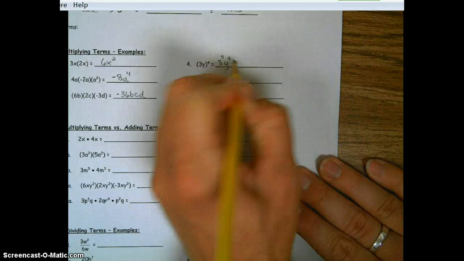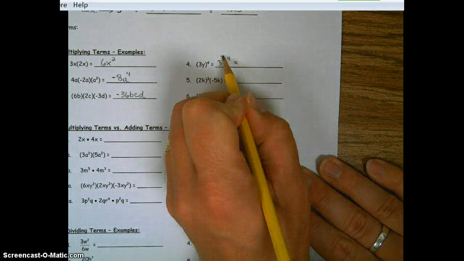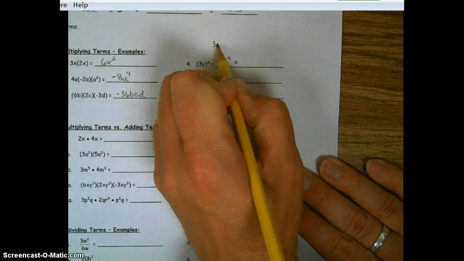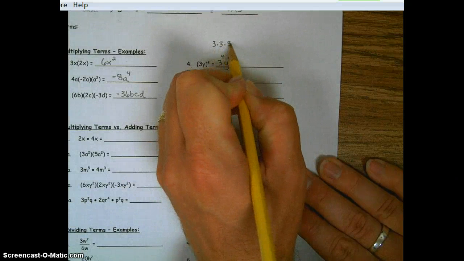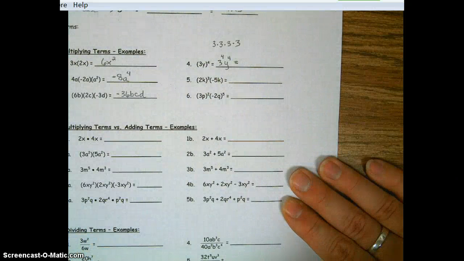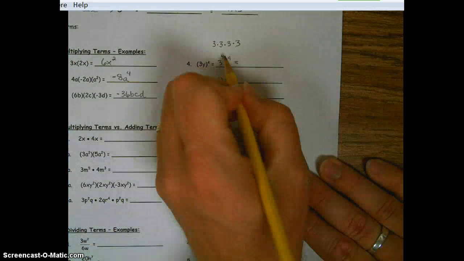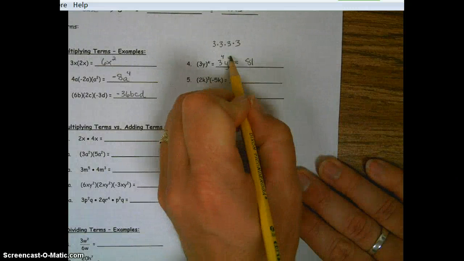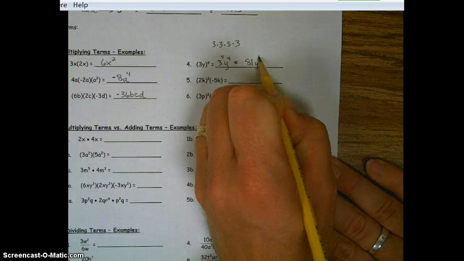Remember, 4 3s: 3 times 3 times 3 times 3. So 3 to the 4th power is going to give us 81. And this will just be y to the 4th.